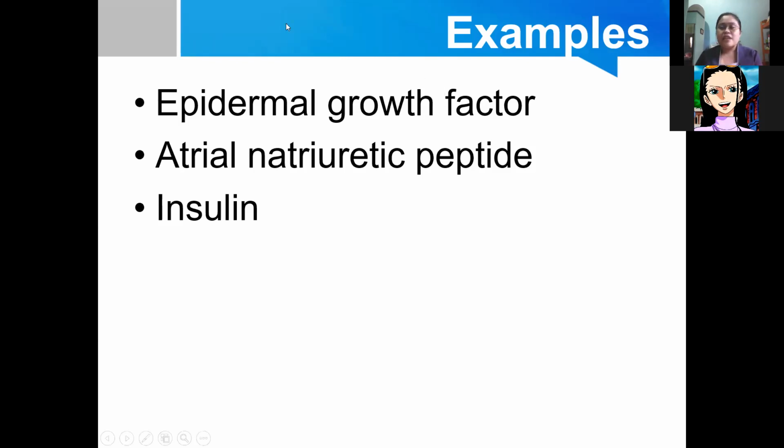These are drugs that will bind to class 3 receptors and will activate the tyrosine kinase. So example, epidermal growth factor. This is a drug ha, pero actually this is one is an endogenous drug, meaning this is produced inside the body. And this factor or this molecule will bind to the receptor, the EGFR receptor. We call the epidermal growth factor as EGFR.